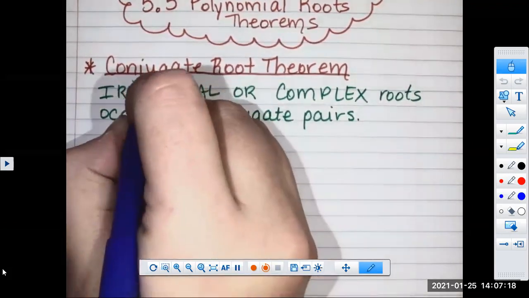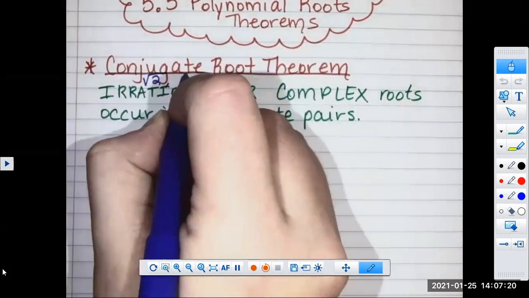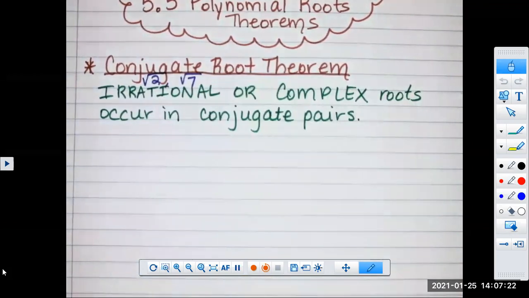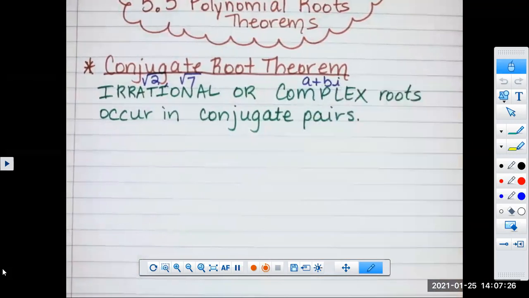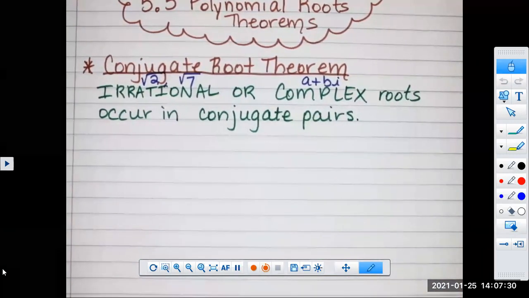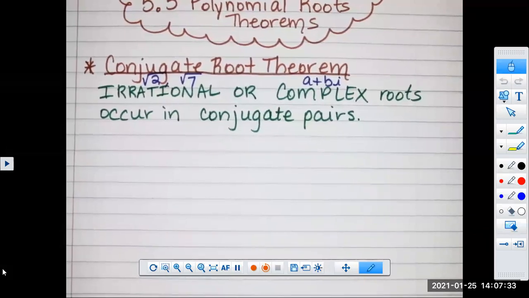Complex numbers are in the form a plus bi. Remember us studying complex numbers in section 4.8. Complex numbers have i, that imaginary number, in them. Okay, now to talk about conjugate pairs.